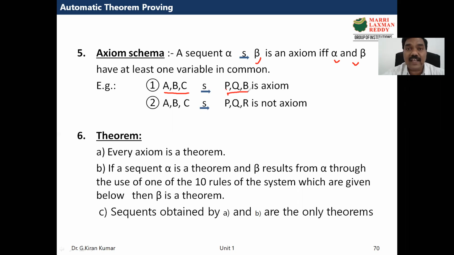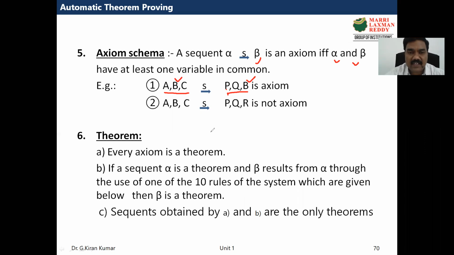This sequent I can call an axiom. Why? Because if you observe carefully, there is a common variable B. So that is the meaning of the definition. If between alpha and beta there is at least one common variable, then we can call that sequent an axiom.